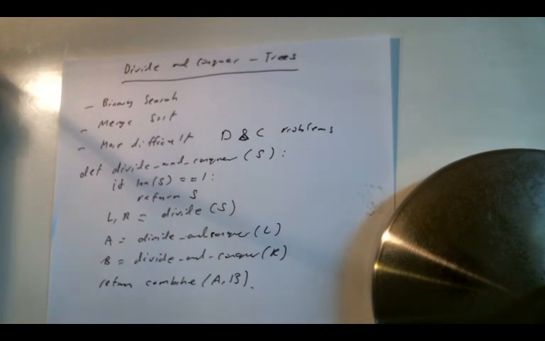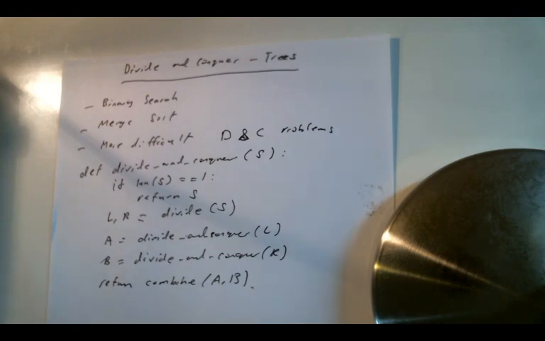So this is the underlying structure of divide and conquer algorithms. And it's not only easy to understand, but it's also very useful. So what I want you to do is to understand this structure and show how it's used in a lot of applications.